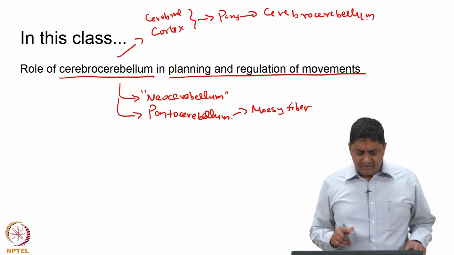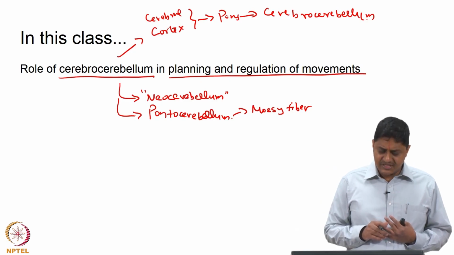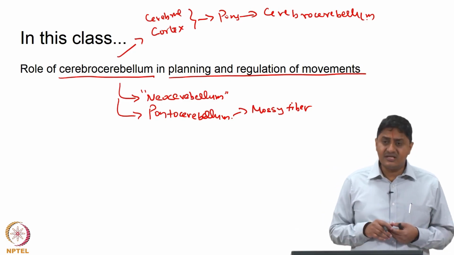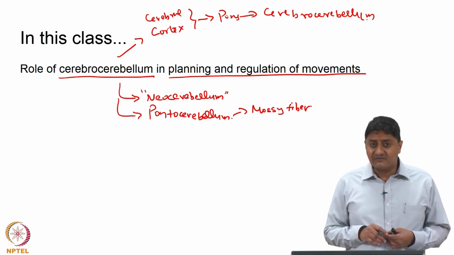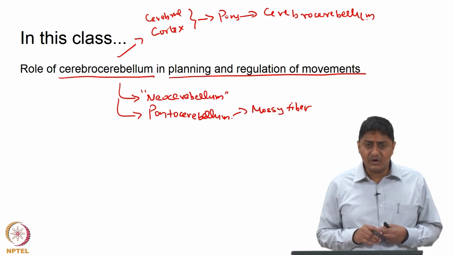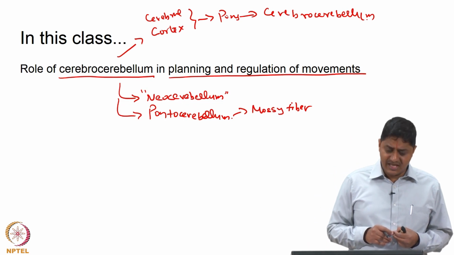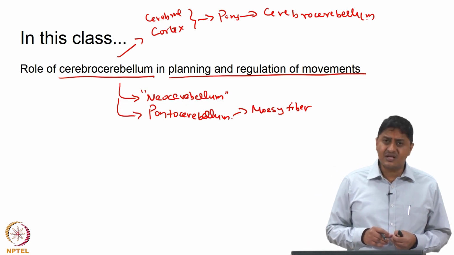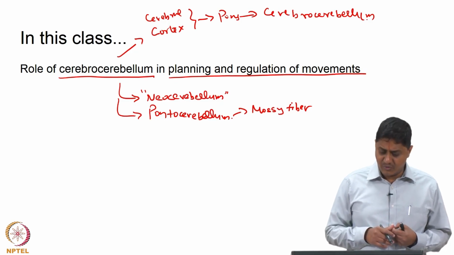For a long time it was believed that cerebrocerebellum, and cerebellum in general, is a motor organ of the brain. In other words, its main function is to plan, regulate and modulate movements, whereas now this view is being challenged, that it also has other functions other than motor functions.